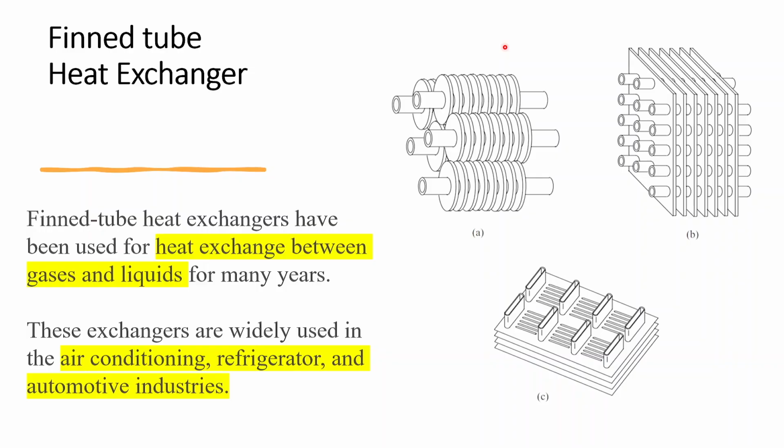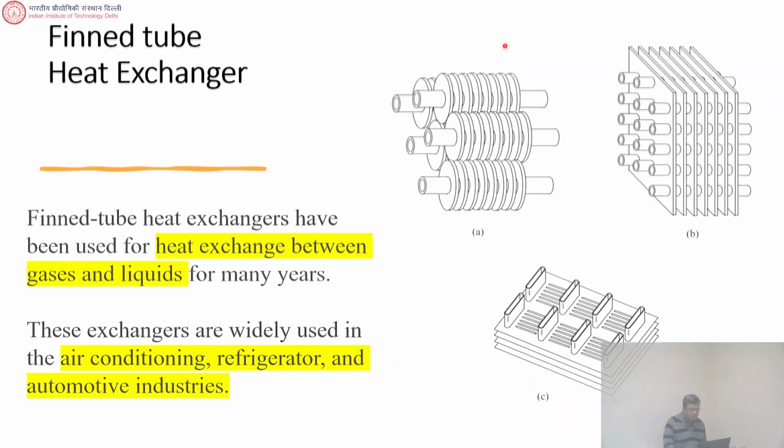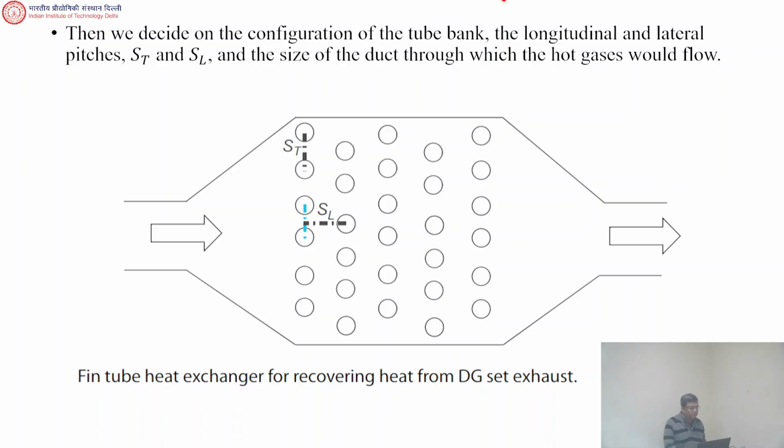Okay. Now we place these tubes along with the fins. So these tubes which you see in this figure, they also have fins, but this is only a schematic, it doesn't show all the details. So you cannot see the fins, but these fin tubes are placed in a duct.